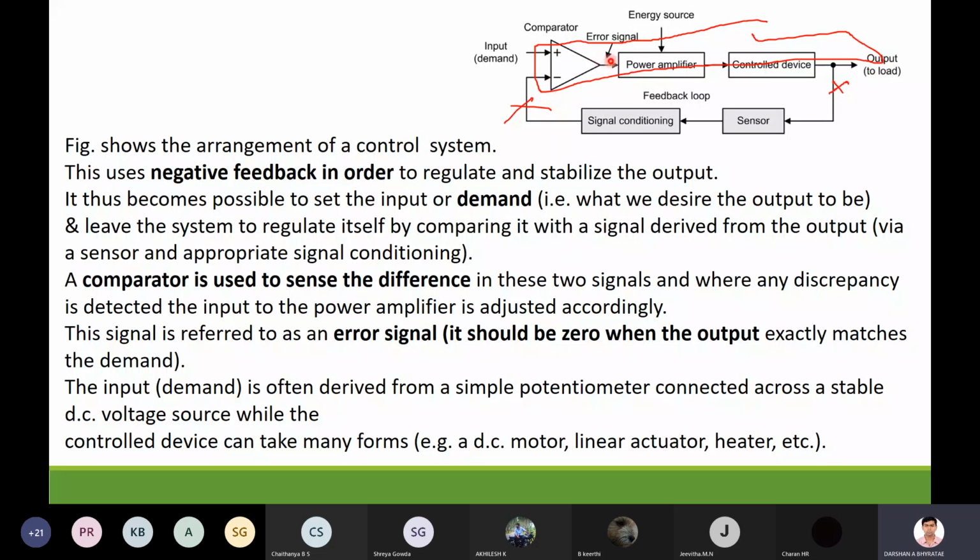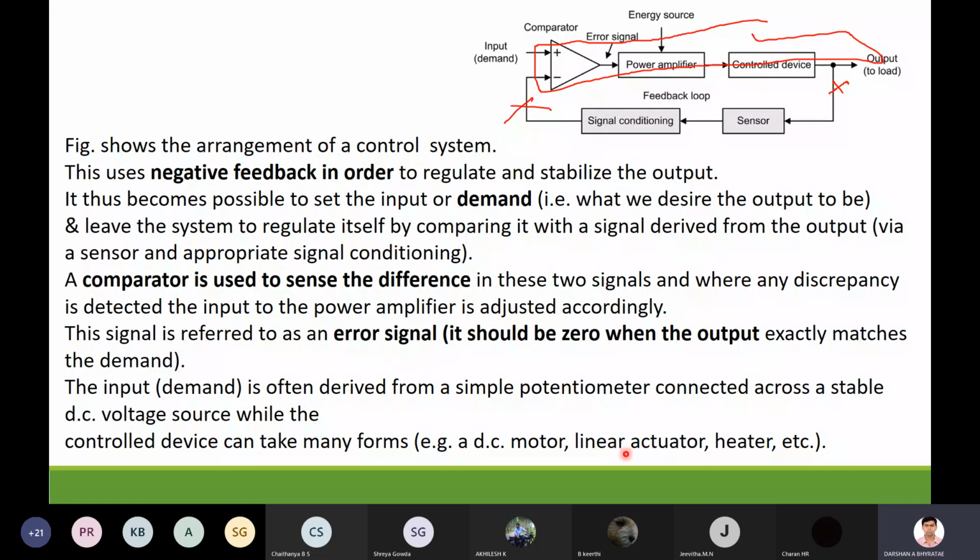Based on that, it is going to generate the error signal. On that error signal, I'm going to perform the amplification here. Why do I have to perform the amplification? In order to maintain constant heat in my heater. If I have to generate constant heat, I am going to get a constant output. That is nothing but what we call the control device here.